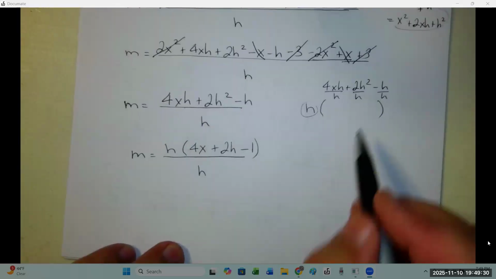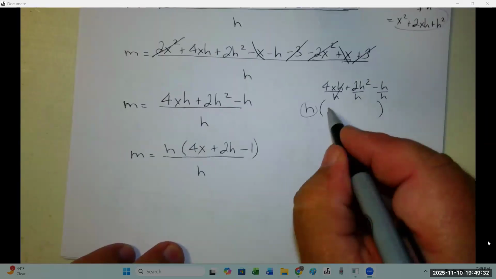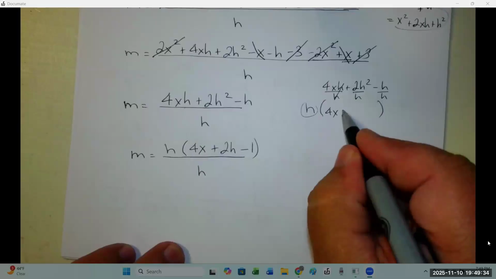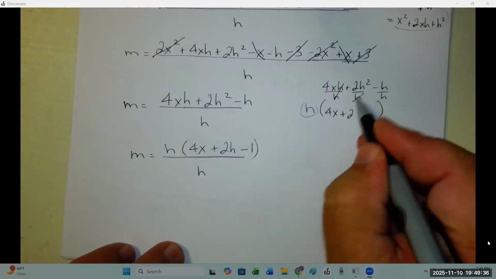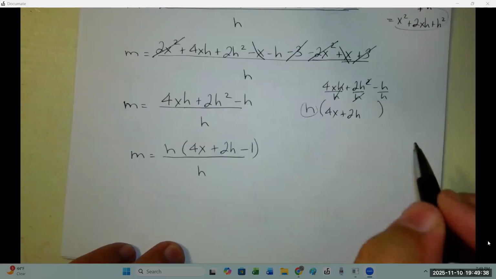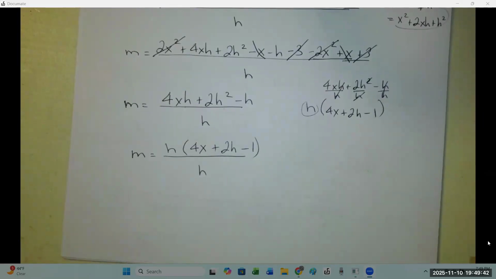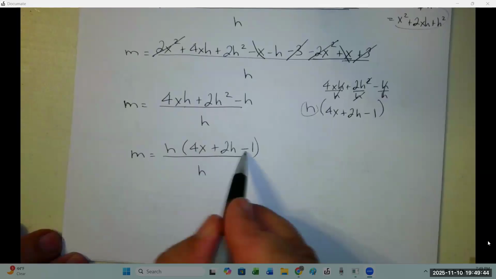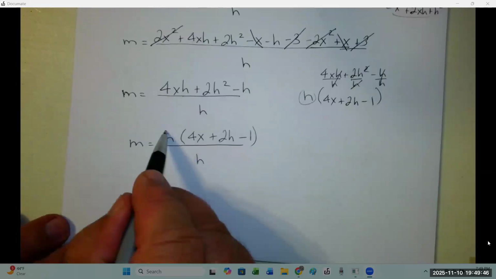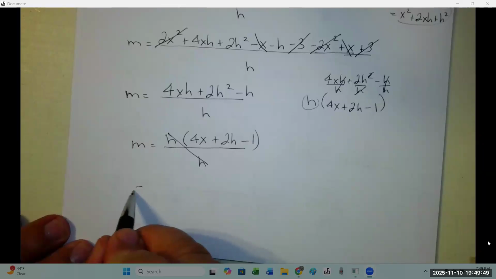Whatever's left goes inside here. So I have 4x plus 2h, since I took away one h, and h divided by h is 1. That's where I got this stuff here. The h's cancel.